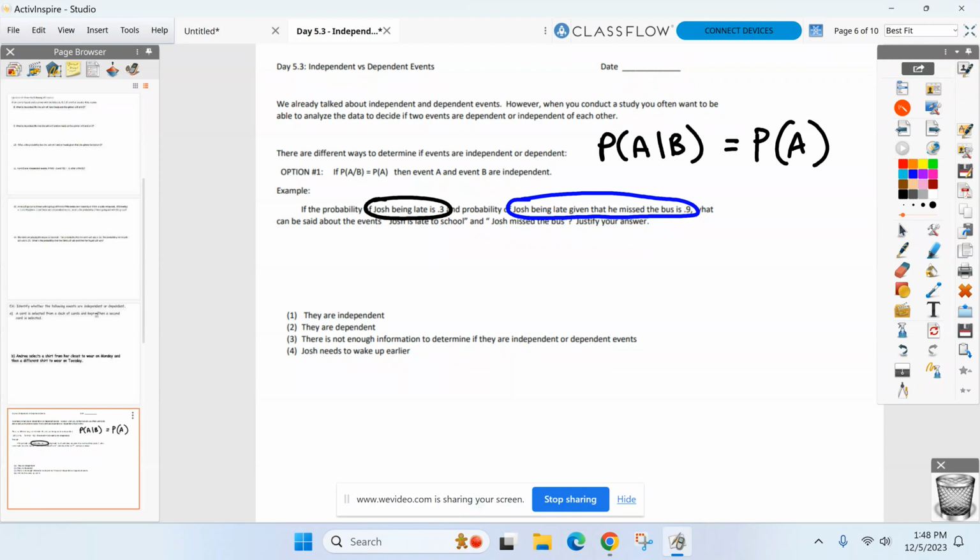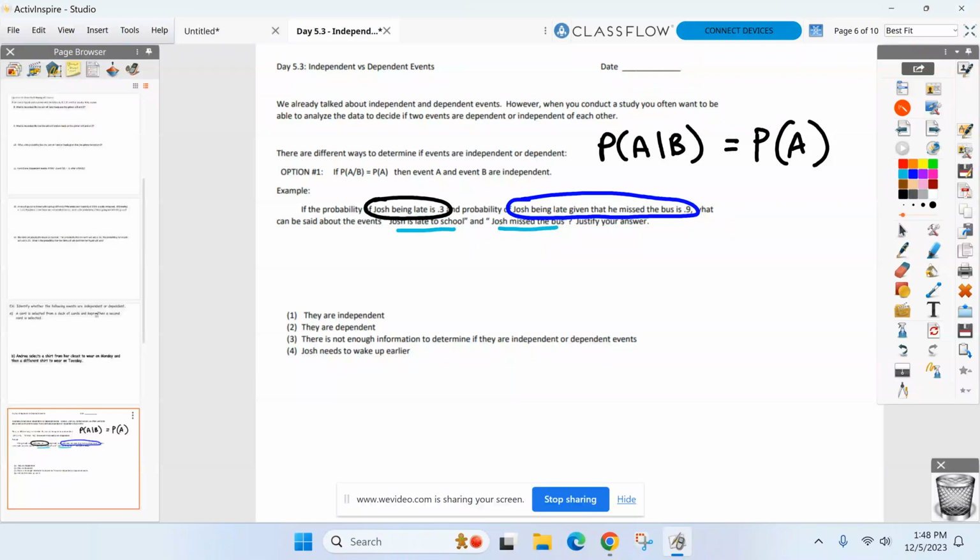Can we say these two, Josh is late to school and Josh missed the bus, are they independent or dependent? And again, I don't care about your opinion. No offense, but I don't care. I don't want to hear, oh, of course he's late because he missed the bus. Well, I could argue too, maybe he's late because his alarm clock didn't go off. All right, so no opinions here. We want to mathematically prove that yes, they're independent or yes, they are dependent.